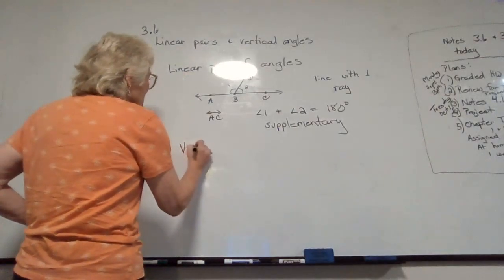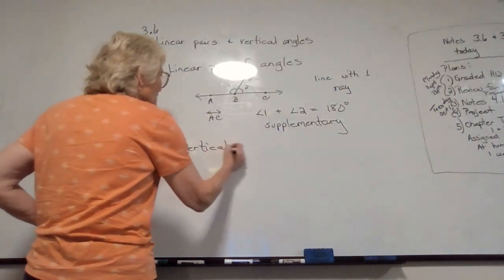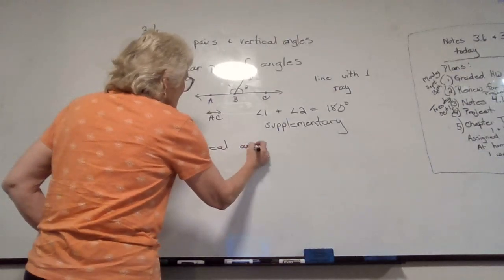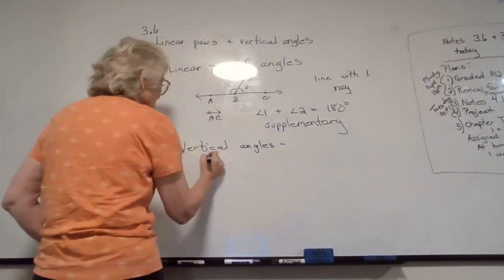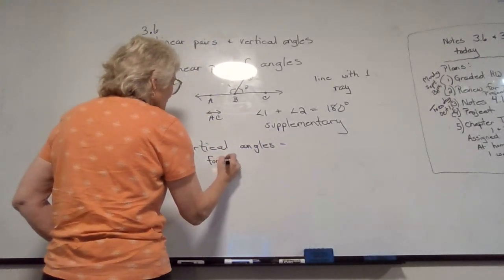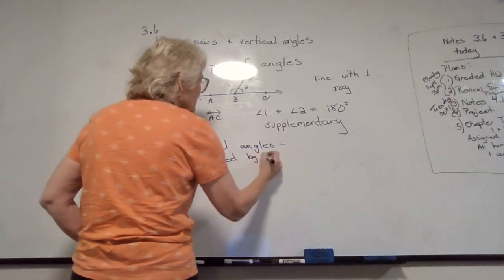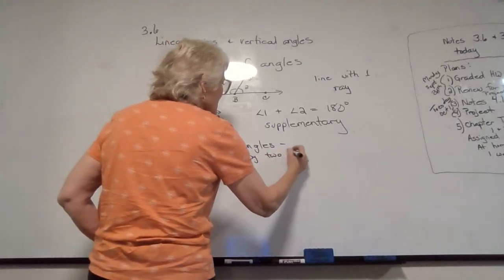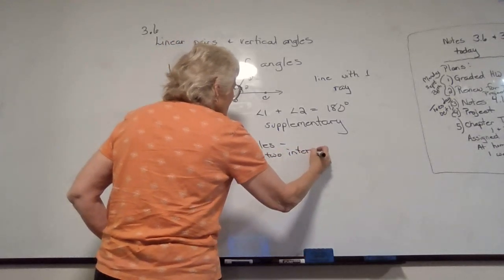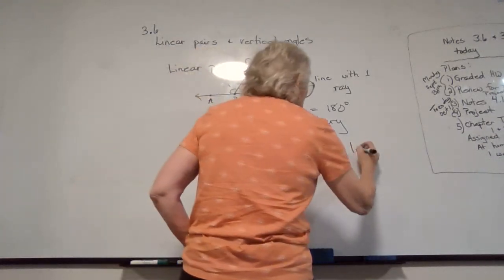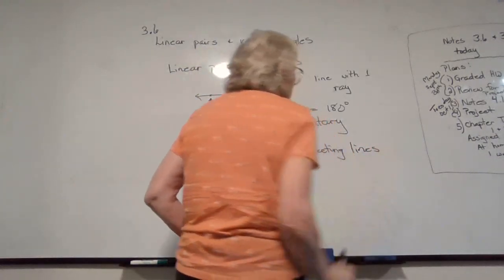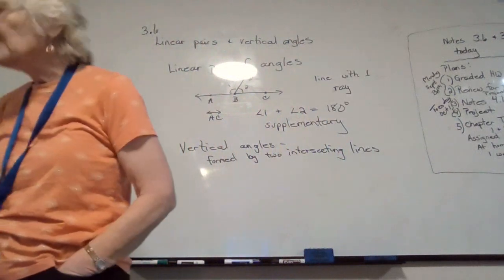Okay, vertical angles. They are formed by two intersecting lines. That means they're concurrent.